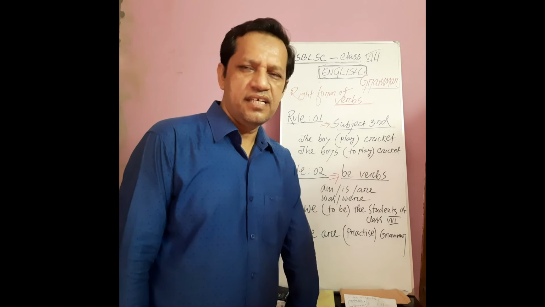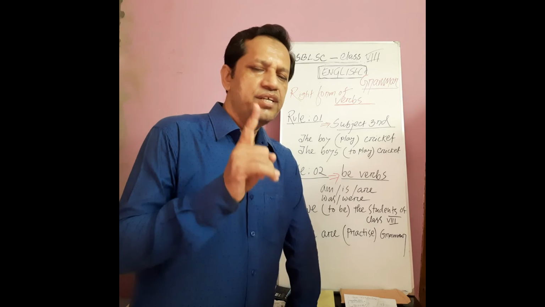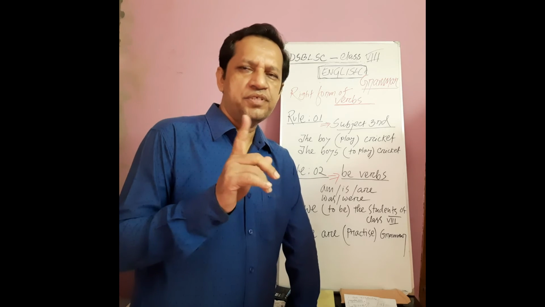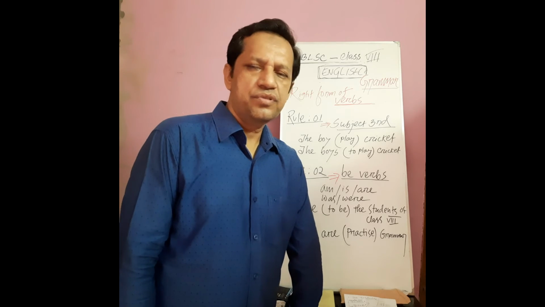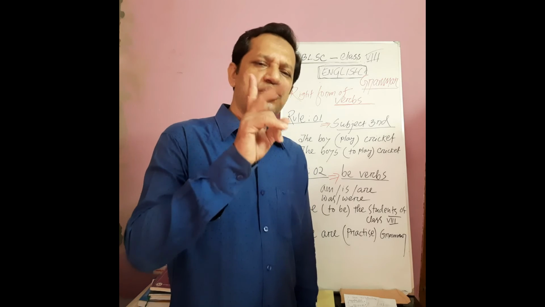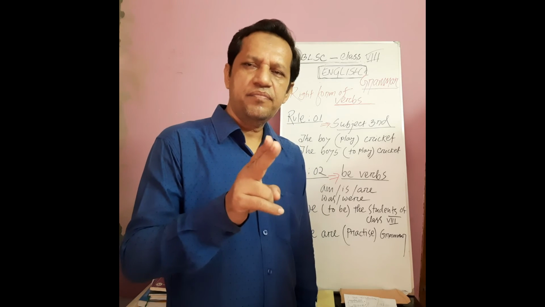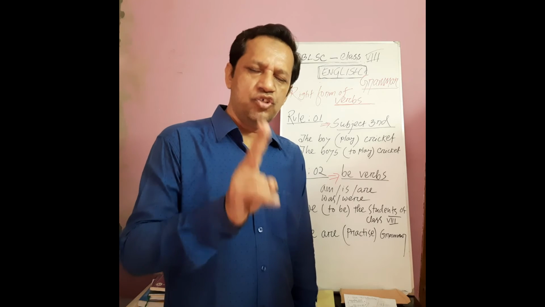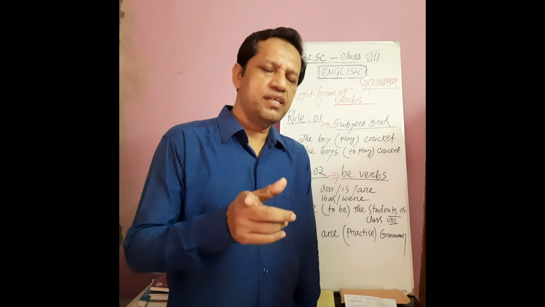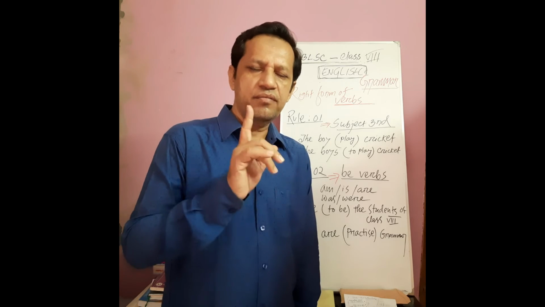So the students, we can realize that if we get be verb in the bracket, we have to think that be can be used in two ways, as a main verb or as an auxiliary verb. Be verb can be used as a main verb or as an auxiliary verb.